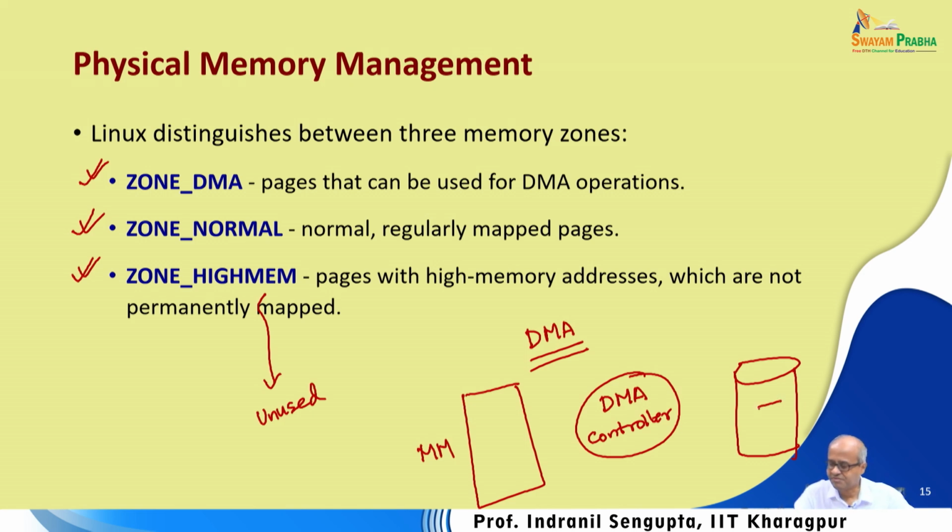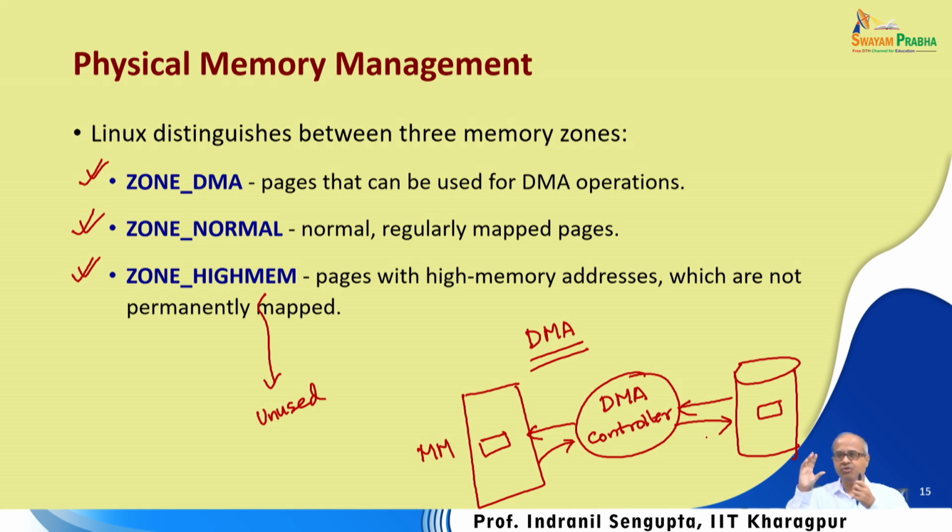One block here can be loaded into some place in memory. It is the responsibility of the DMA controller. The CPU is not doing it. The CPU is just telling the DMA controller to transfer this block, and the DMA controller will automatically carry out this data transfer. It can be the other way around also. From here the data can go to the disk.